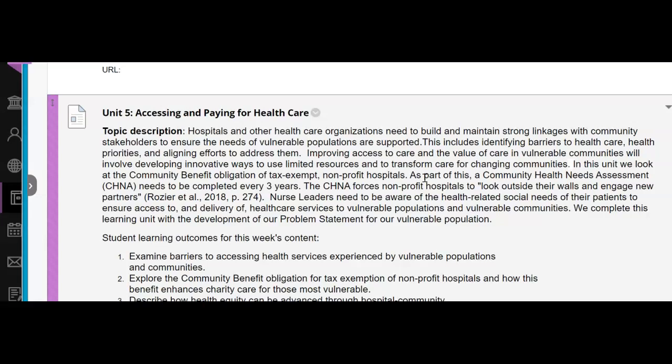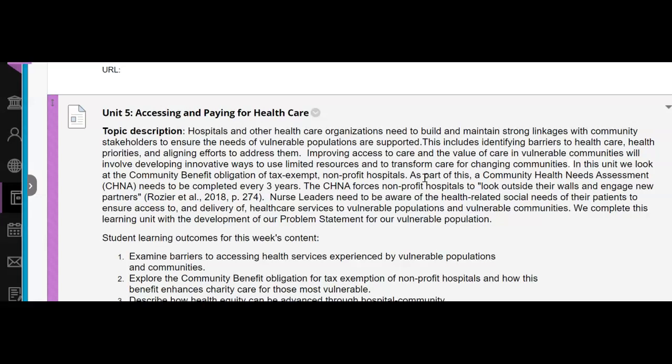So we're going to look at that. As part of the community benefit, hospitals need to do a community health needs assessment every 3 years. This needs assessment forces the nonprofit hospitals to really look outside their walls and engage new partners.